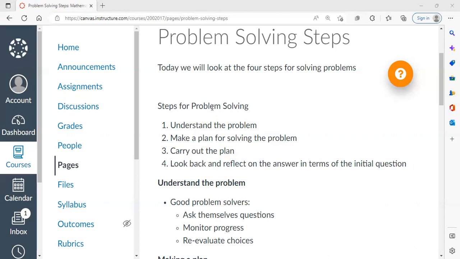Hold on, go ahead, Gavin, and then you can speak afterwards. Miss, repeat the question again, miss. Sorry. What is the second thing that you normally do when you're trying to solve a problem? After you read it, what do you do?